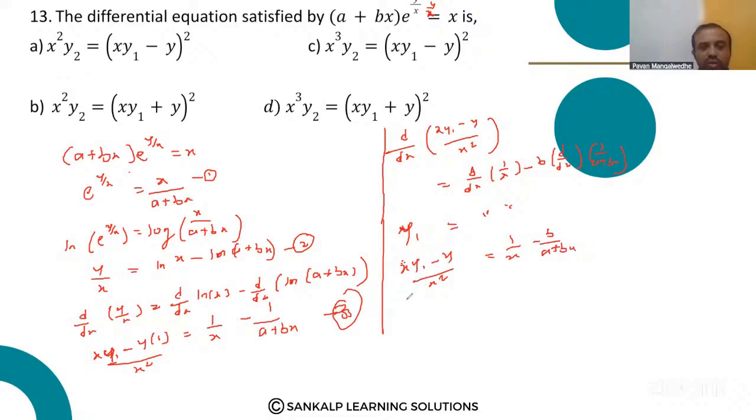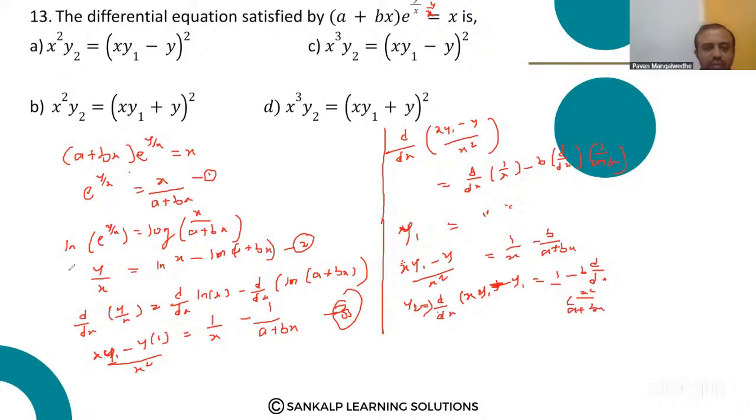So using this you can take the differentiation one more time, that is y2. So it is d by dx of x into y1 minus y1, which is equal to 1 minus b into d by dx of the second one, that is x square by a plus bx.